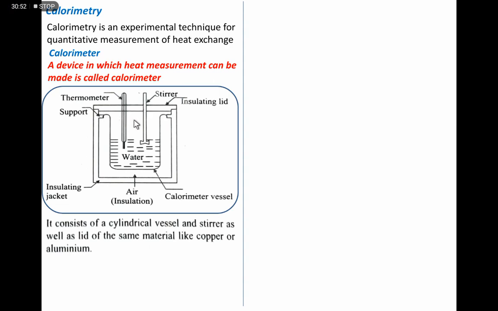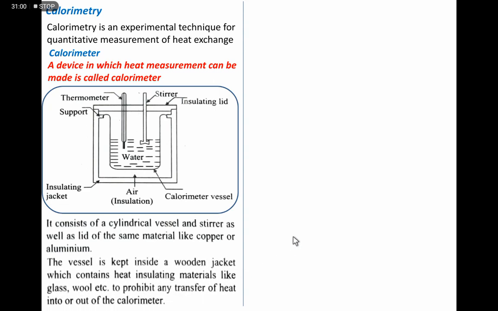This wooden frame is there as a lid in our laboratory. This cylindrical vessel is in a wooden jacket, and insulating material like glass wool is used here. So this is some technical idea of the calorimeter, a very simple article.